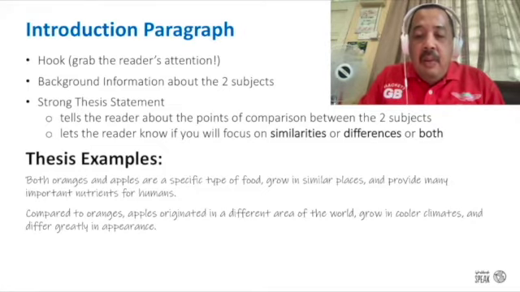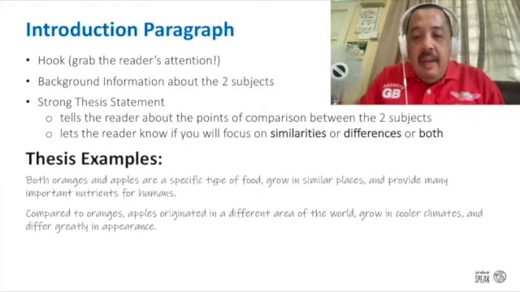Now let us say we want to talk about differences. Our thesis would look something like this. Compared to oranges, apples originated in a different area of the world, grow in cooler climates, and differ greatly in appearance.